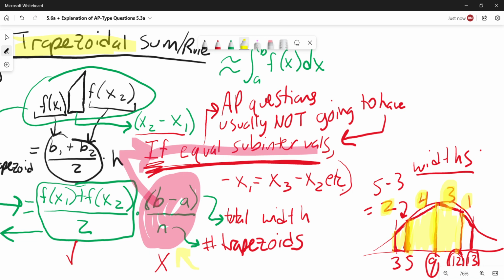Once they've learned the formula, every time they hear trapezoidal sum, they think, oh, gotta use the formula, and that's not right. For the AP, I don't know if you'll ever use the formula. It's kind of like the limit-based definition of a derivative, a classic part of the curriculum, but the AP doesn't tend to use it, though I can't guarantee they wouldn't throw it on a multiple choice question. It's possible.